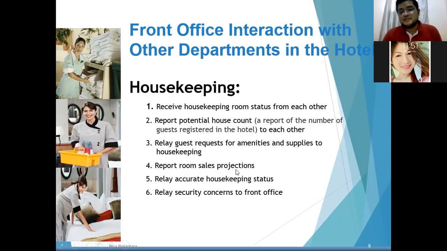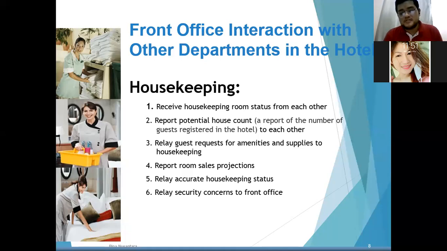Then, report room sales projection. Projection means future, so we need to give the projected occupancy percent to housekeeping, like the same thing I said just now, so that housekeeping can prepare enough supplies, enough amenities, and enough cleaners on duty. And then relay accurate housekeeping status. Again, they share the status of the rooms.